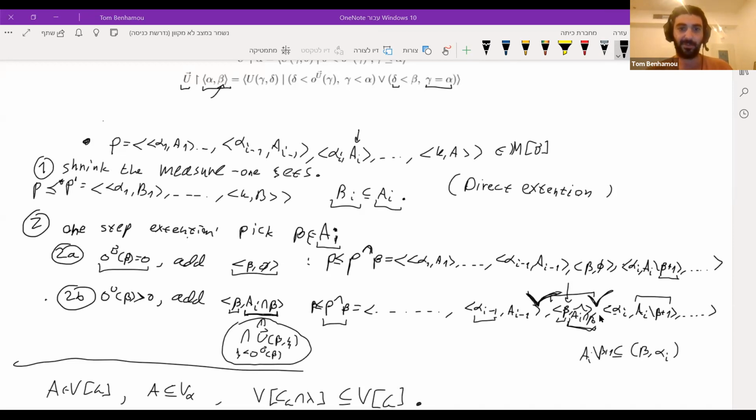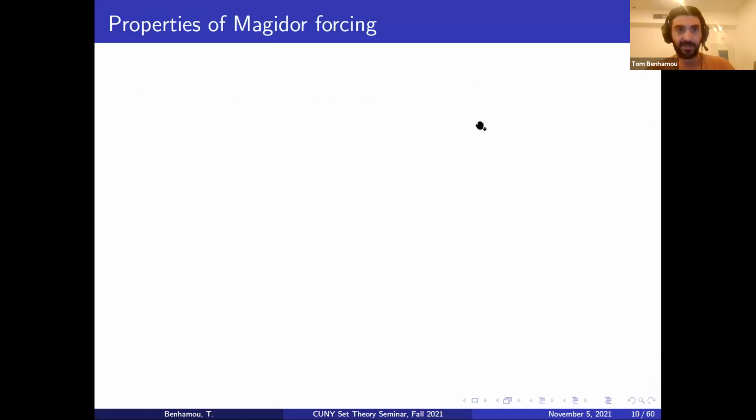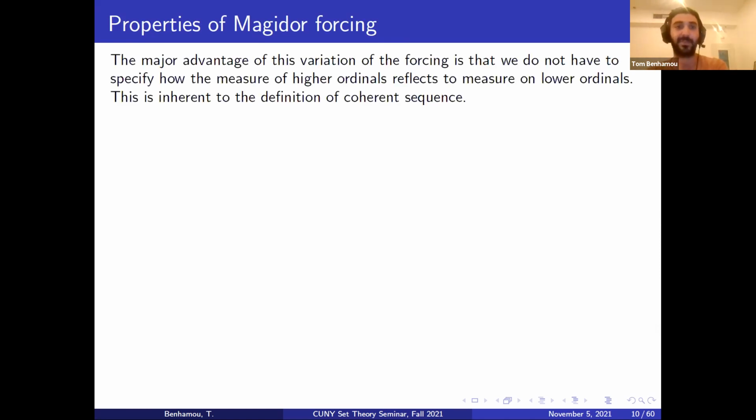Okay, let me go back. Let us state some facts about Megiddo forcing, which I'm not going to prove. You can find them either in the handbook or in our paper, which is in the references at the end.